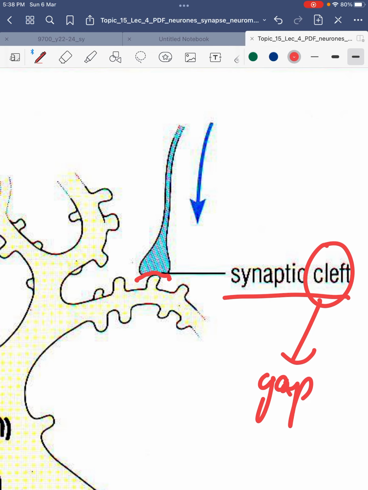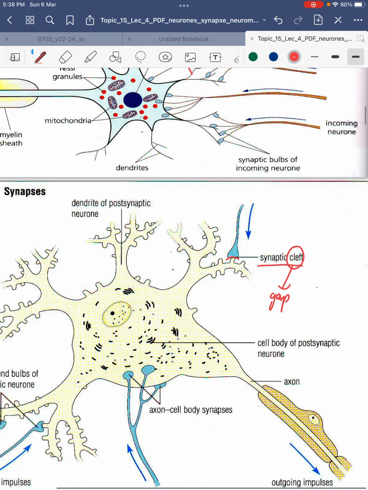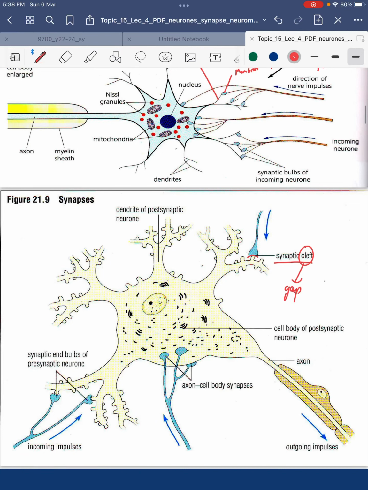From this slide, you can already see one role of synapses, and that is that it acts as a junction.